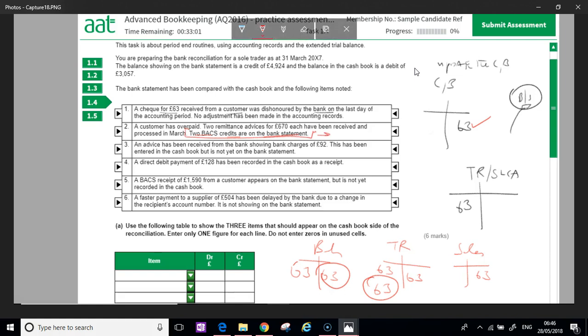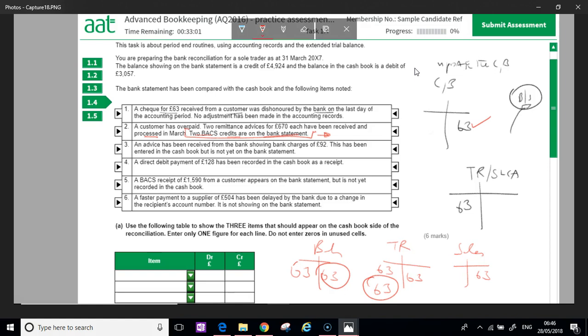We have done it correctly in the cash book. There's no problem with the cash book. It tells you it was processed, so no problem. The bank credits are on the bank statement, so that's where the problem is. So that doesn't show up in our cash book adjustment.